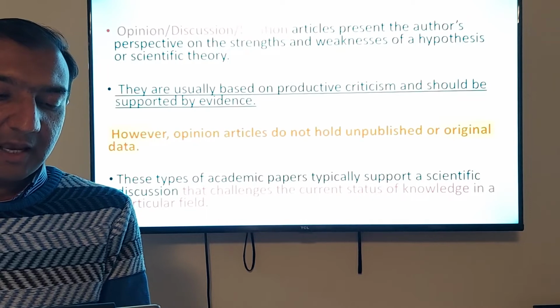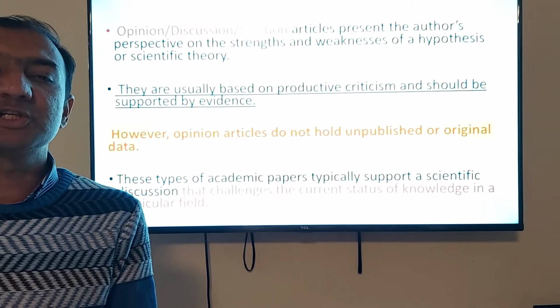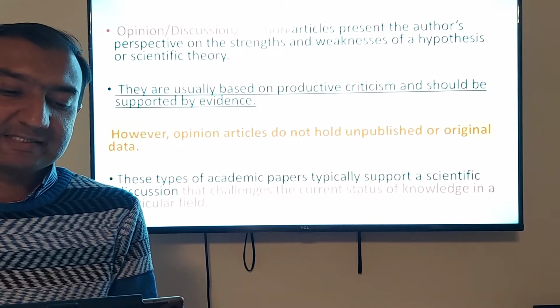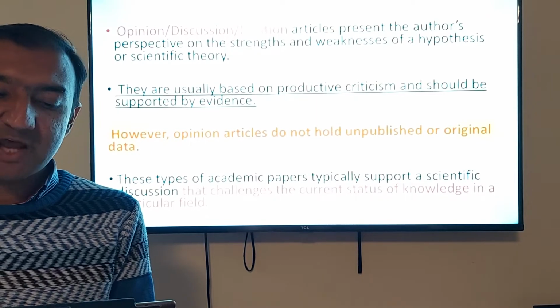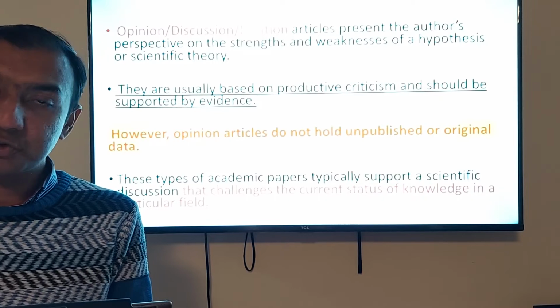Now, another type of paper is called the opinion paper, discussion paper, or position paper. In this type of paper, the article presents the author's perspective on the strengths and weaknesses of a hypothesis or a scientific theory.